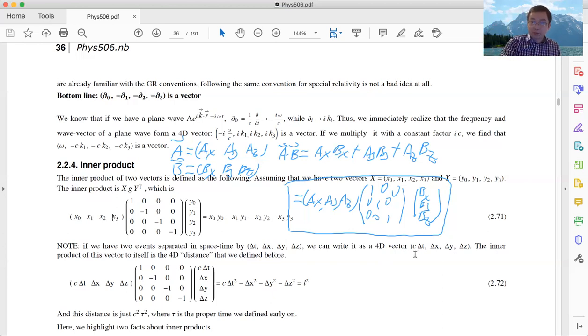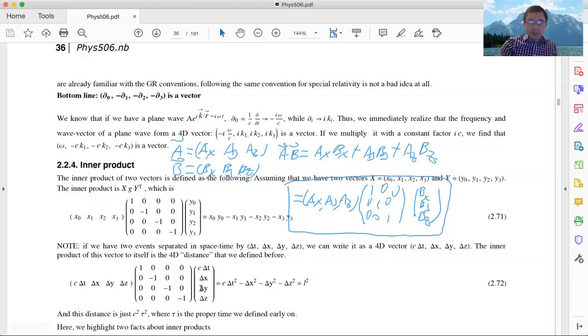So this is a 4D vector. If we calculate the inner product of this 4D vector with itself, multiplied with the metric tensor in the middle, then we get the 4D distance we discussed last time. And the 4D distance is a scalar because we know it is invariant under Lorentz boost. It does not change.